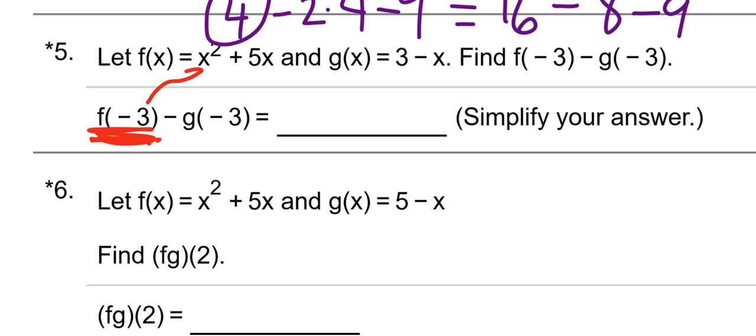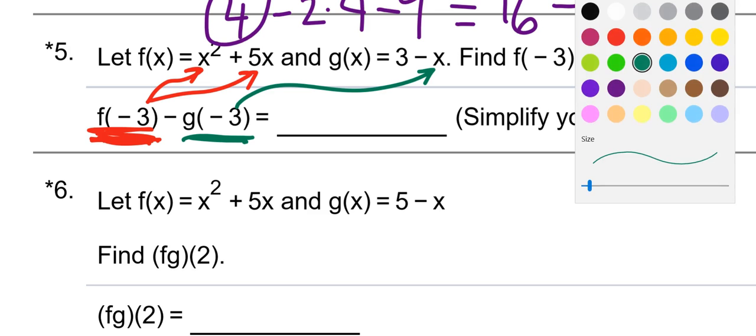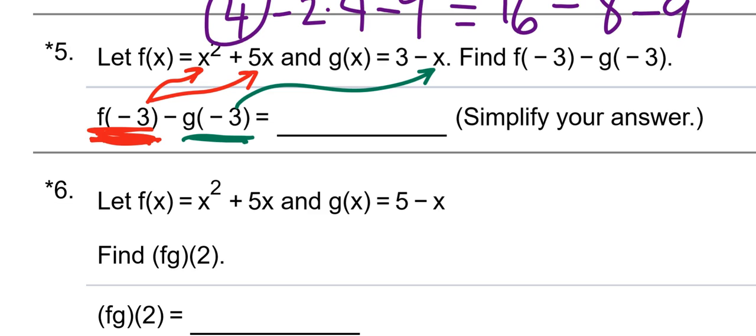The f function. So I'm drawing 2 red arrows because you have 2 places that you need to plug in that negative 3. Now, I'm going to underline this in green. What are they telling me to do in the green part here? Place the negative 3 into the g function. So figure out the red, figure out the green, and then what am I supposed to do once I figure out the red and the green?